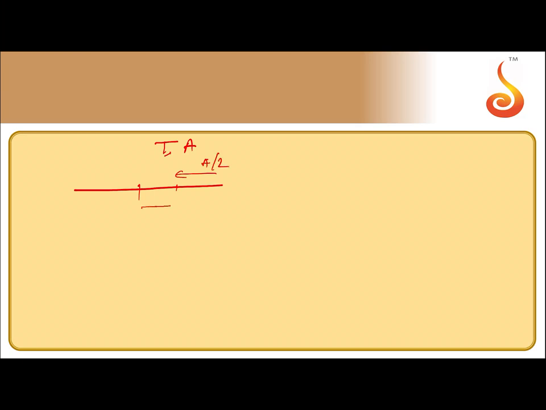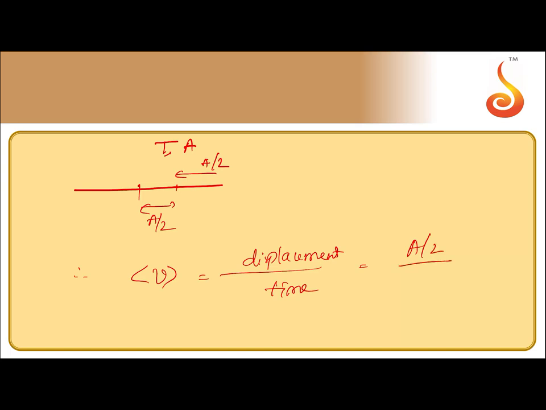Right? So what's the displacement? Displacement of the particle is a by 2. Therefore, mean velocity is displacement divided by time taken. Displacement is a by 2. What's the time taken? The time taken to cover this distance is T by 6.